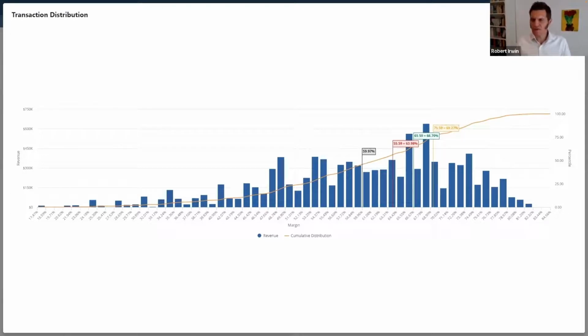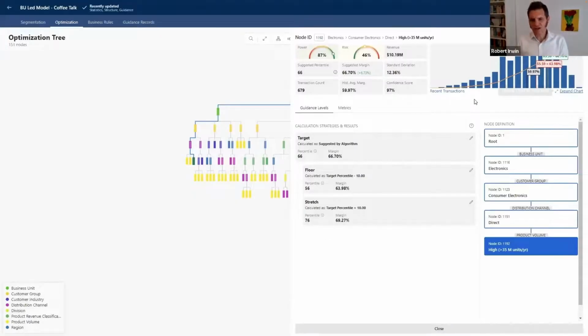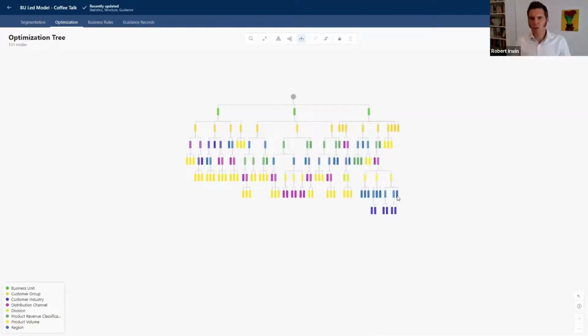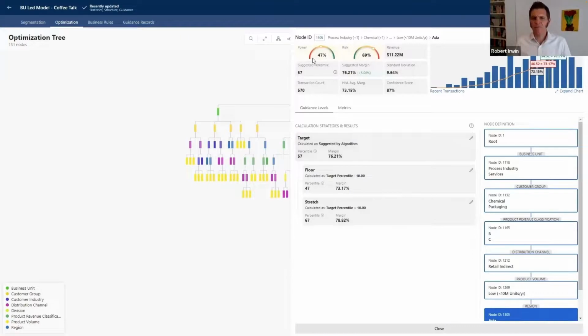And that's important because we set those percentiles through the algorithm, but as your transactions update and are loaded into the system, the distribution of data will shift and the target itself will also shift. So this was one example of a segment, and I have another by way of a different recommendation.